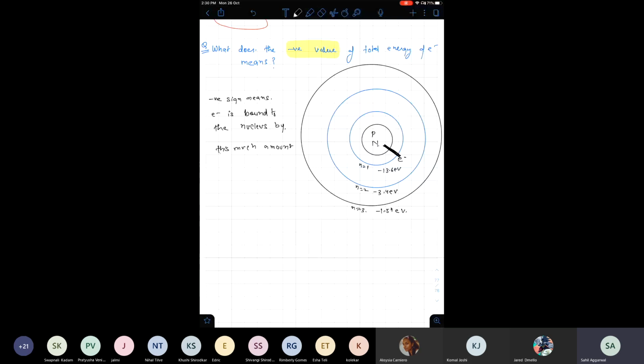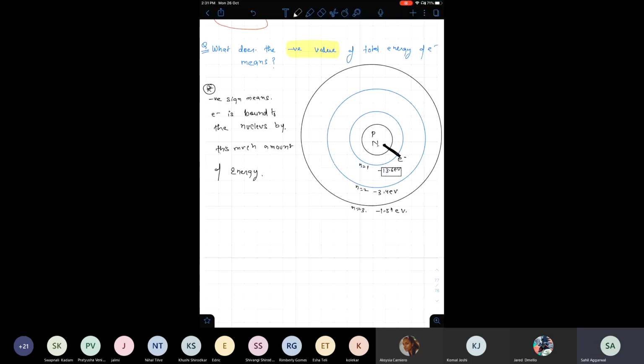So can we say electron is becoming more free as it goes away from the nucleus? Can we say electron becomes free as it goes away from the nucleus? Because here it is bounded by 13.6 electron volt. Negative sign तो bound के बारे में बता रहा है. Magnitude is 13.6 electron volt.